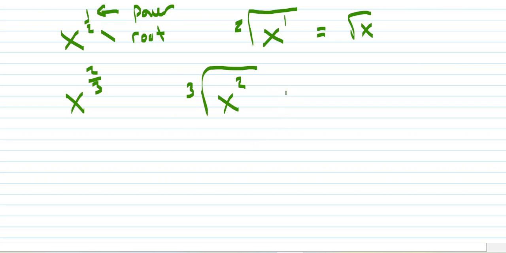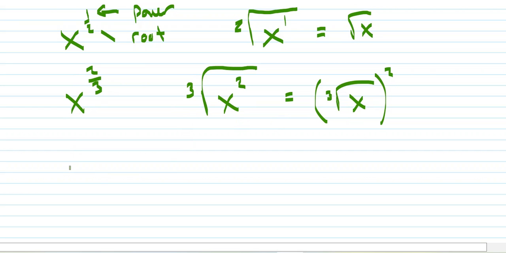Now, you could also write this as the cube root of x, and then put the whole thing in parentheses and square it. It doesn't matter. The first version is implying that we're squaring first and then taking the cube root. Here it's implying that we're taking the cube root and then squaring, but either way, this is the same thing as x to the 2/3 power.